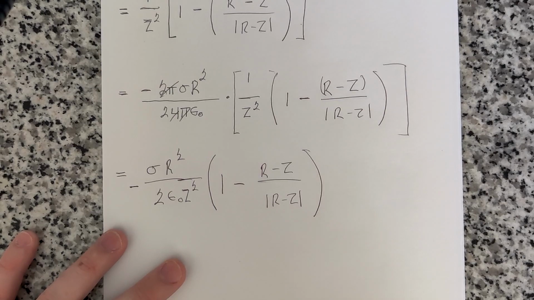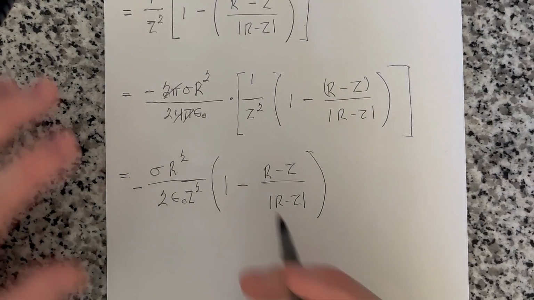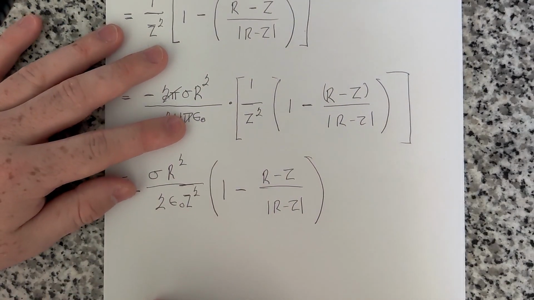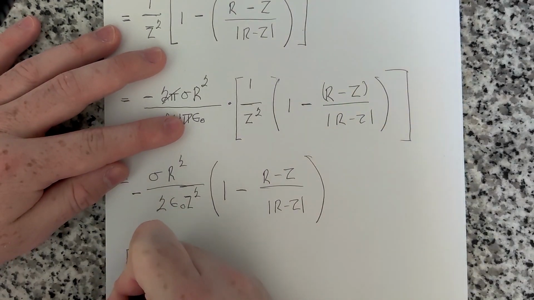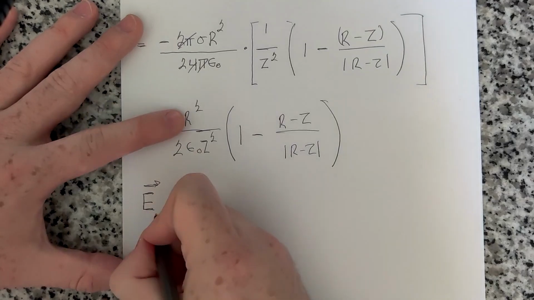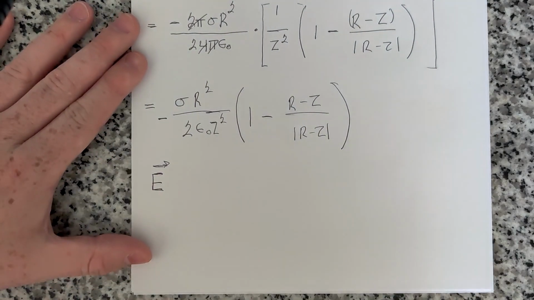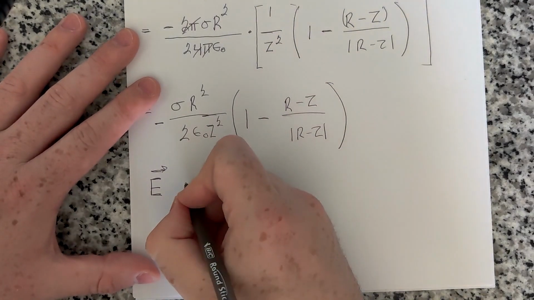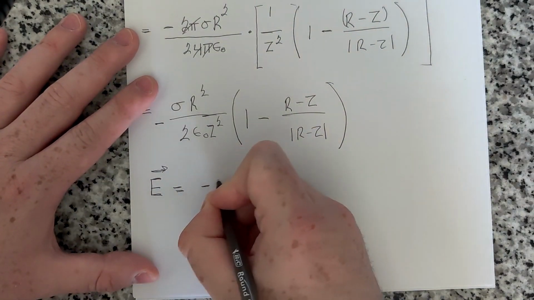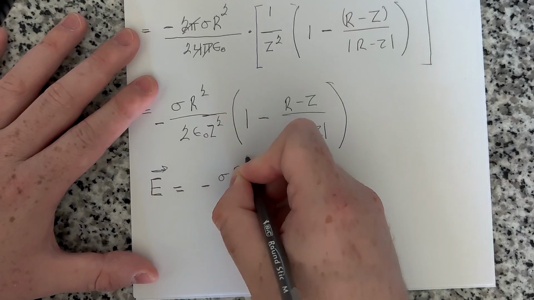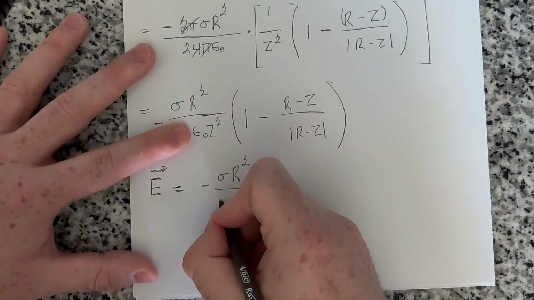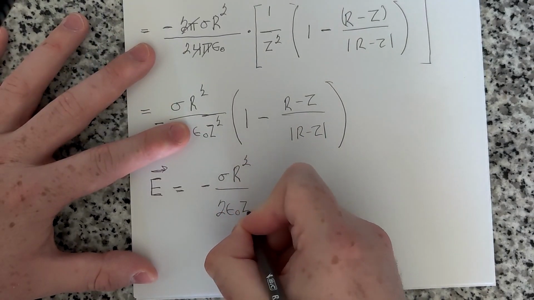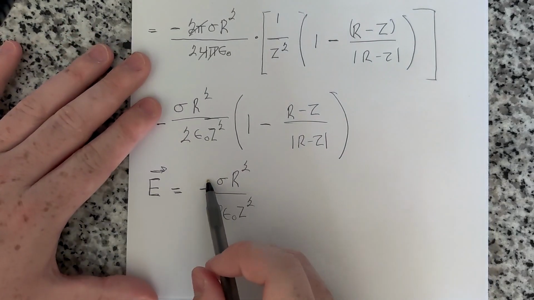So now this is going to be our field, our electric field then. I'll just write the total field E, which we know just has a z component. So we have minus sigma r squared, and I need to check. The only thing I'm not sure about is this minus sign.